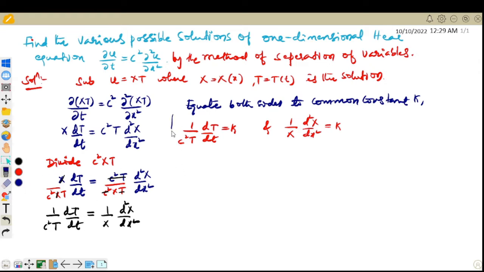Cross multiplying, d square X by dx square equals k into X, and dT by dt is equal to k c square T.